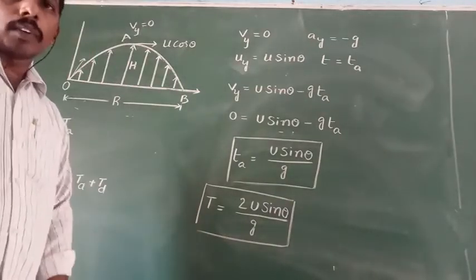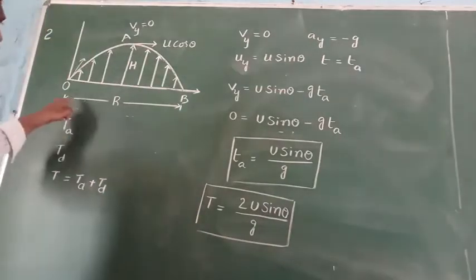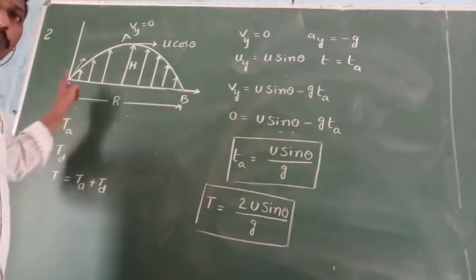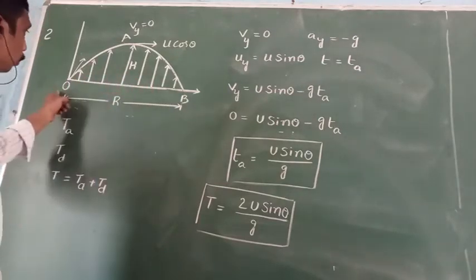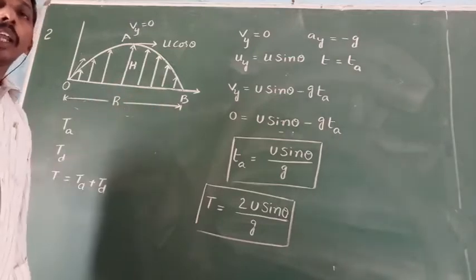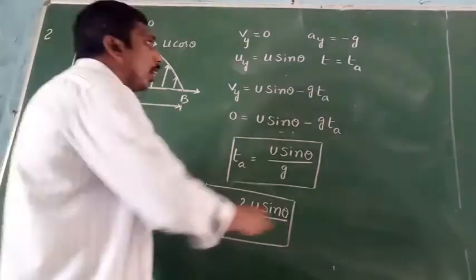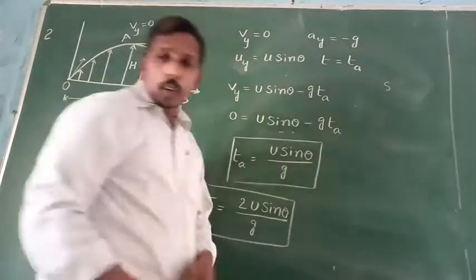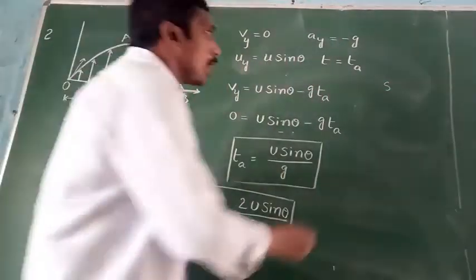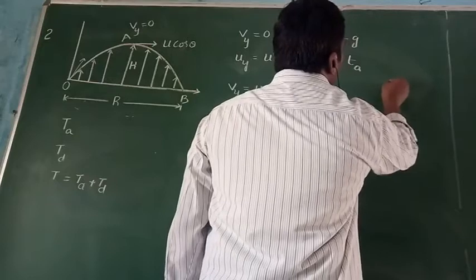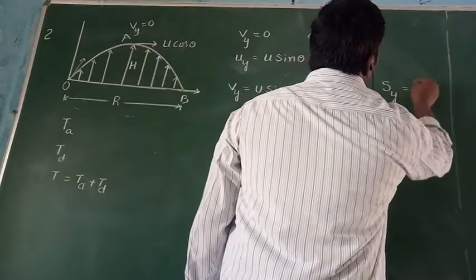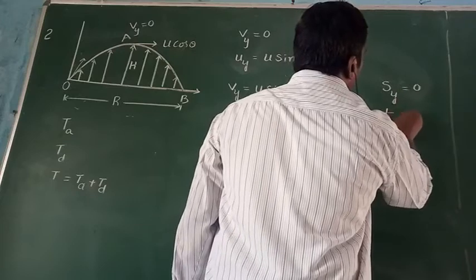If you observe the time of flight, the time taken by the projectile to reach point B from point O, from point O to point B there is no vertical displacement. In that time, the vertical displacement is equal to 0. Vertical displacement Sy is equal to 0 in a time t equal to capital T seconds.